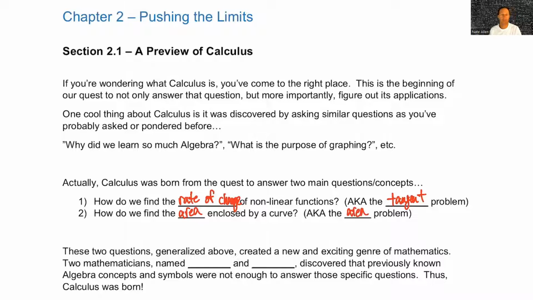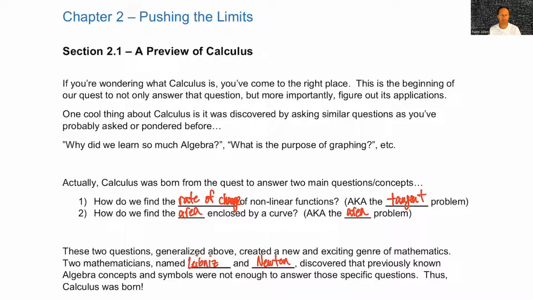So these were two of the main questions that propelled people to start exploring a new realm of mathematics. Actually, there was two mathematicians. They were named Leibniz and Newton. And those two fellows actually, astonishingly, discovered this on different parts of the planet around the same time.